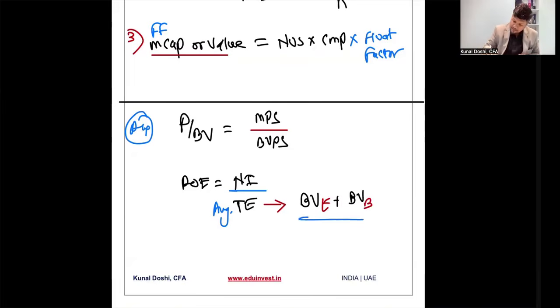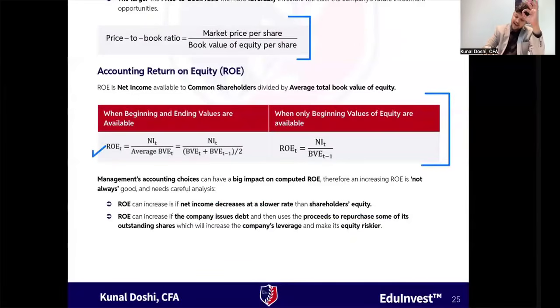I need the ending and beginning book value, and I will take the average. Remember, students, if you have both, take the average. If not, you will take the beginning value, because we invested equity and on that, how much returns we got.